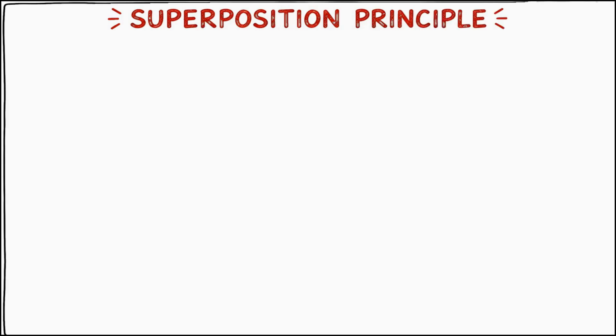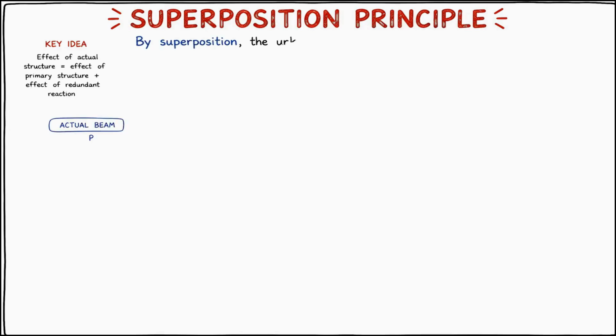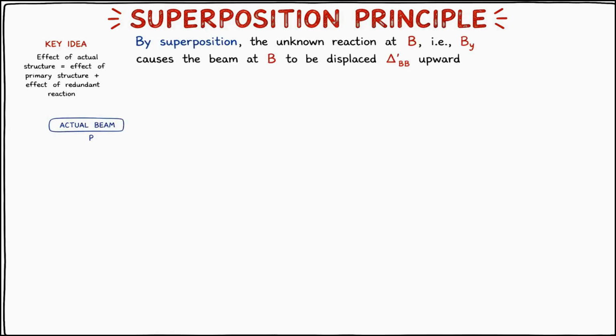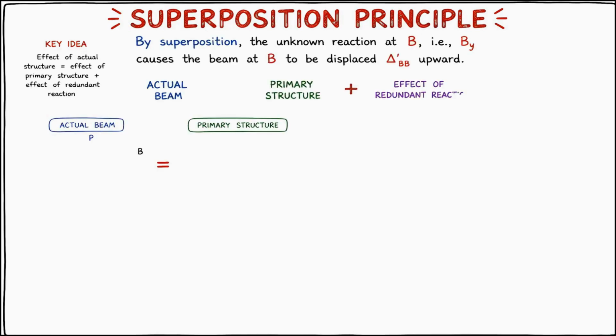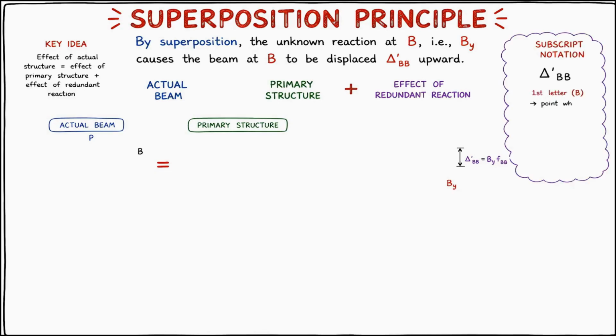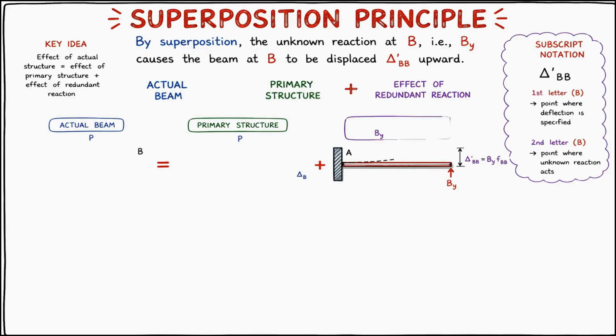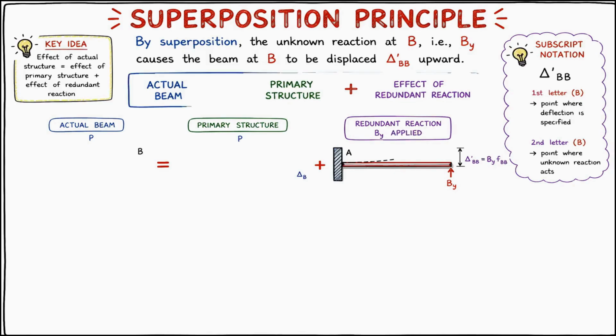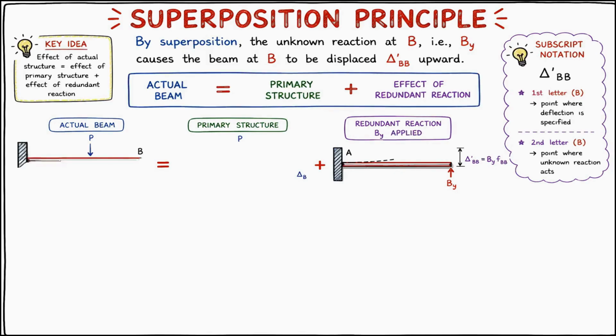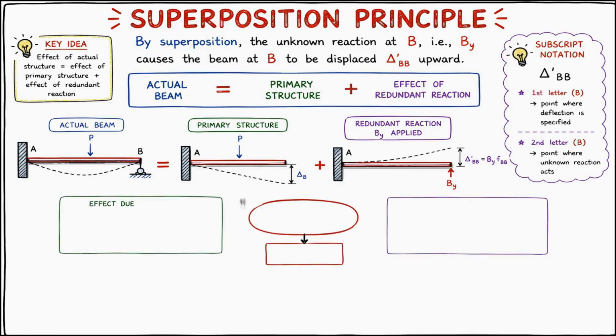The force method is based on the superposition principle. The idea is simple. The actual beam can be represented as primary structure plus effect of redundant reaction. In the primary structure, load P causes a downward displacement, delta B. Now let us apply the redundant reaction BY separately.